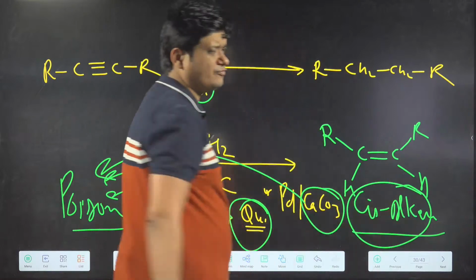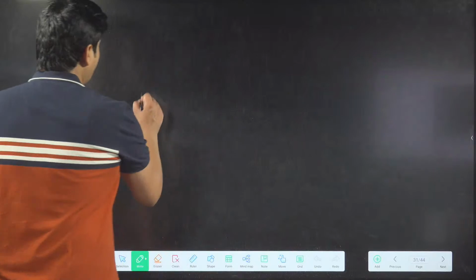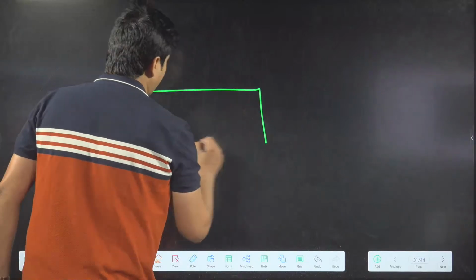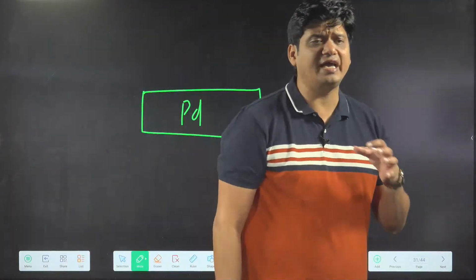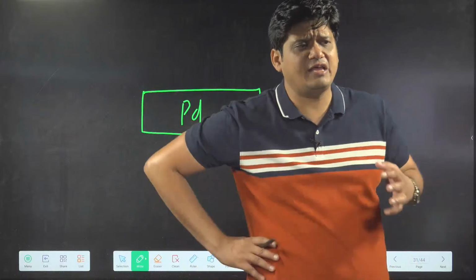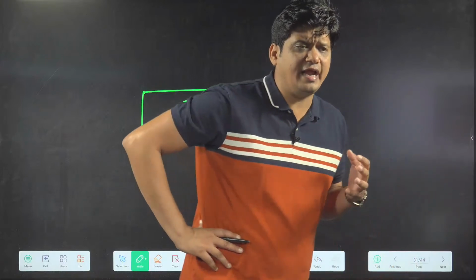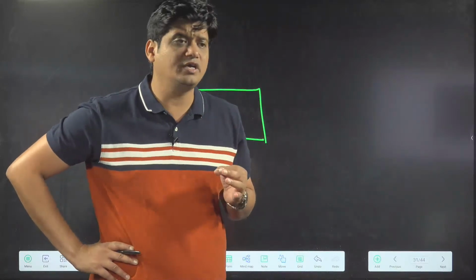Sir, why is this? Very easy to understand here. What is the concept there? From hydrogen and its compounds you know nickel, palladium, platinum have very high affinity towards hydrogen. They can adsorb a large quantity of hydrogen.